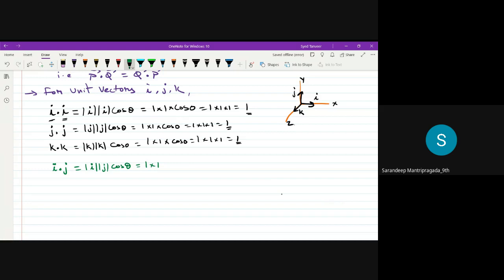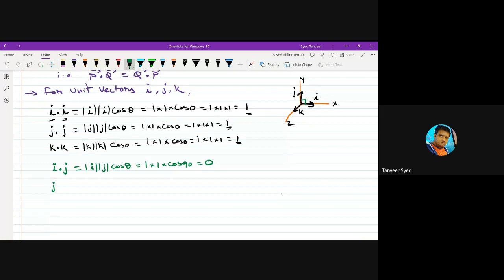Cos 90 is 0. The angle between I and J is 90 degrees, because I is along the X direction and J is along the Y direction. So the product is 0. That means I dot J is equal to 0.